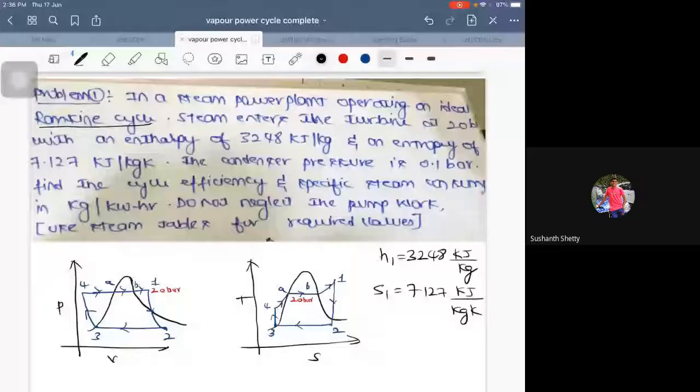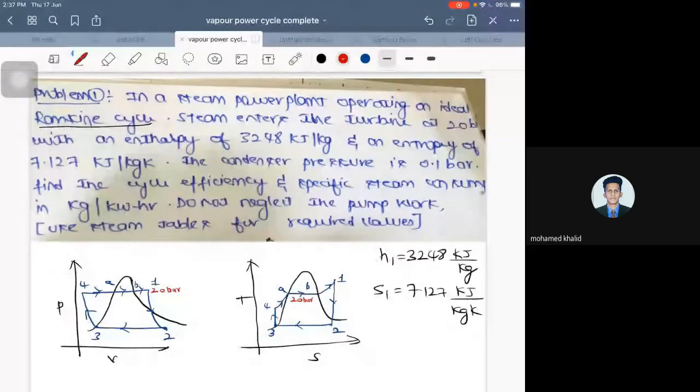Okay. Condenser pressure is 0.1 bar. So what is the condenser pressure? Whether it is P4, P1, P3, P2, what is it? P2. Yes, it is the value of P2.